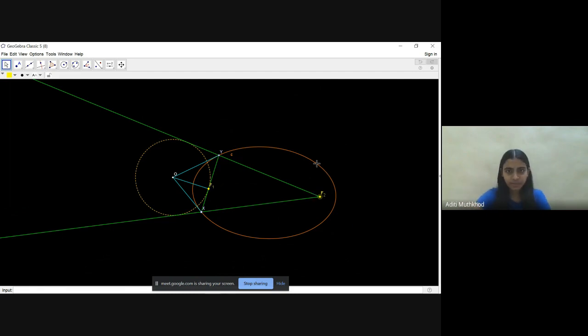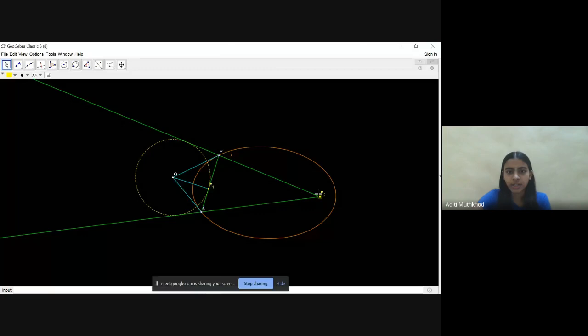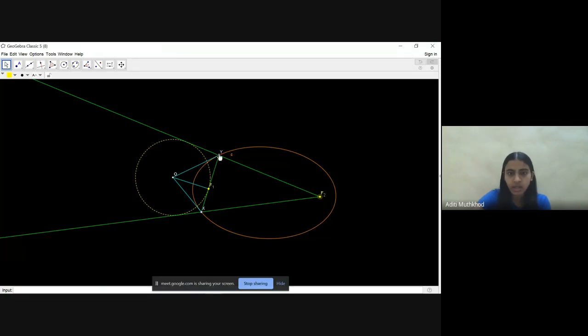Okay, so you have an ellipse, you have the foci, and X is a random point, and Y is a point such that X, F1, Y are collinear on the ellipse. So we generally call this XY a focal chord.